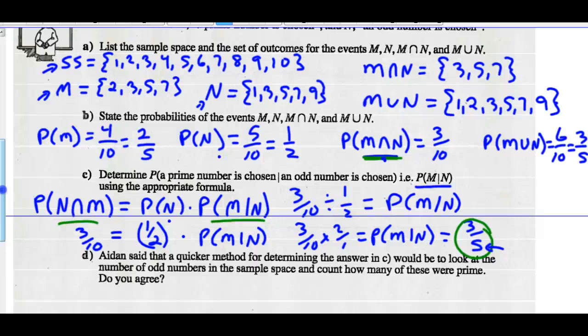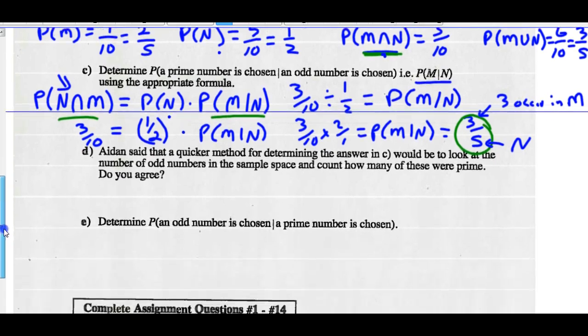All right, that's 3 of them. 3 of these are in set M: 3, 5, 7. 3, 5, 7 also occur in set N, so 3 out of 5. So this is using the formulas. This is just thinking about it. 5 elements in N, and of those 5, 3 occur in M. All right.